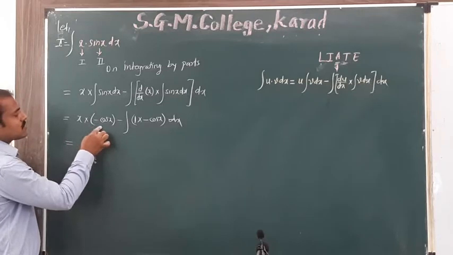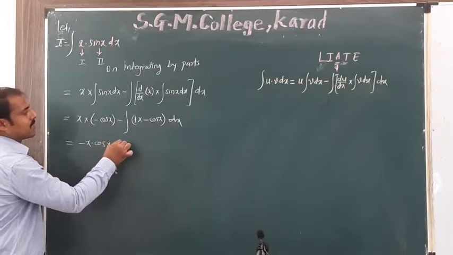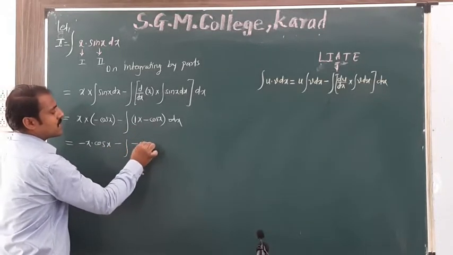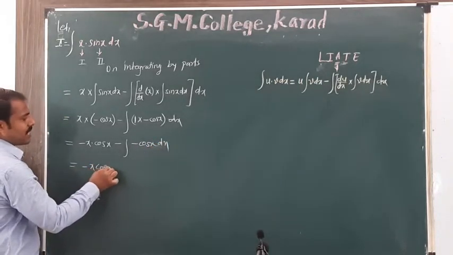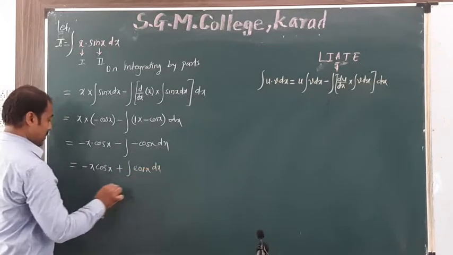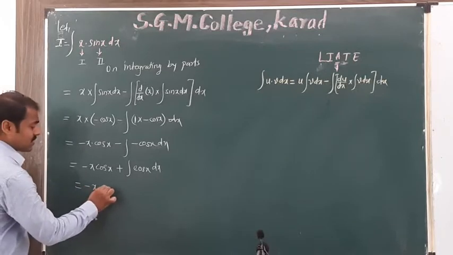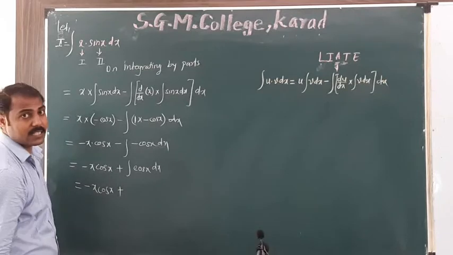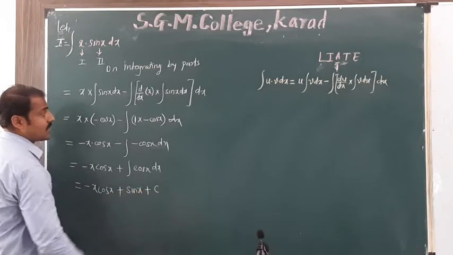Okay, x into minus cos x is minus x cos x, minus integration of 1 into minus cos x dx, which is equal to minus x cos x, minus minus becomes plus, integration of cos x dx. Integration of cos x is sin x plus constant of integration c.